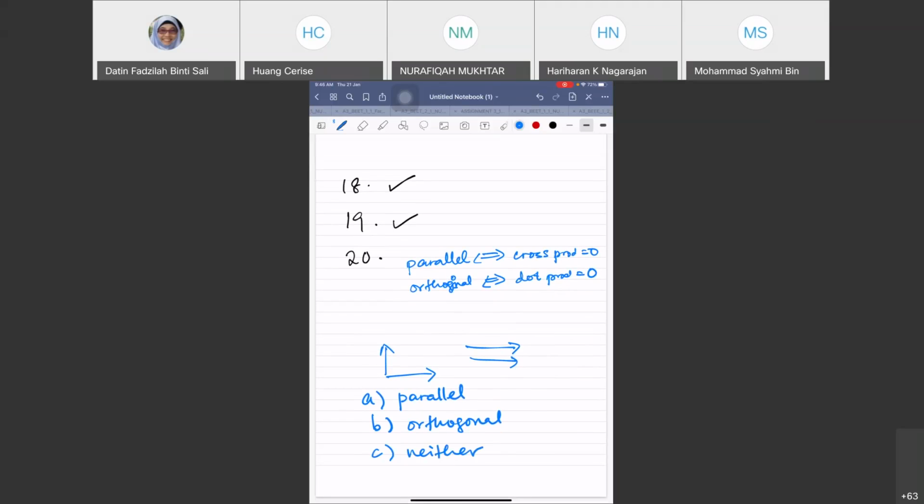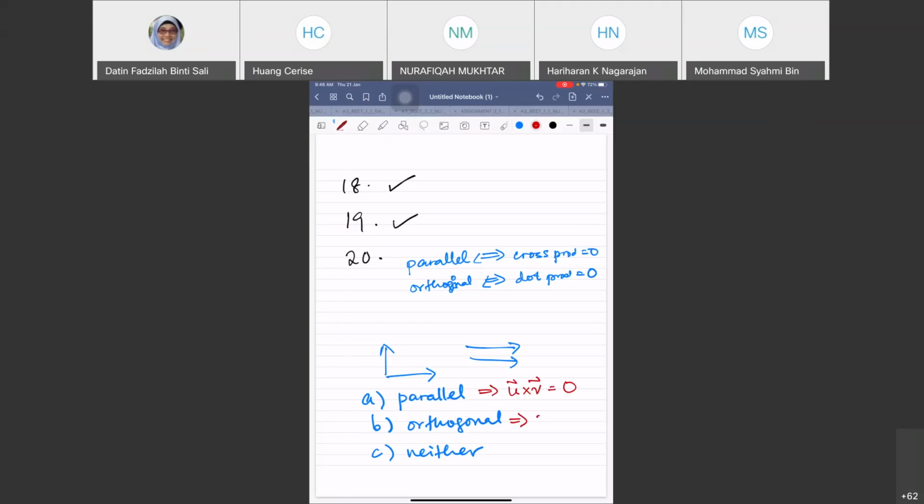So that means for the rest of you, for A, you might want to do the cross product. This is between u and v, right? So u cross v, you will see that this one equals 0.